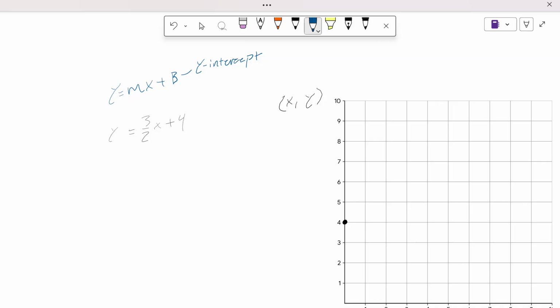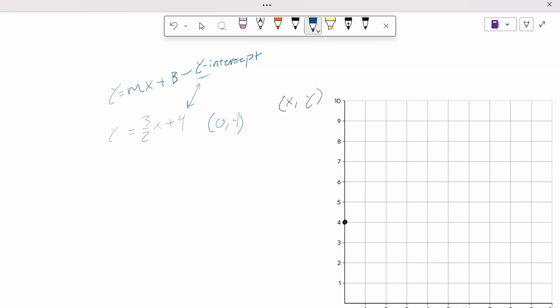But I would like you to start taking the habit of saying y-intercept. What this means is we have this plus 4 right here. It's positive, and it's 4. So that means on our y-axis, we're going to be going to 4, and just on the y-axis. What that looks like is we'll have (0, 4), which I already put down here. And then from there, we can continue on with our equation.